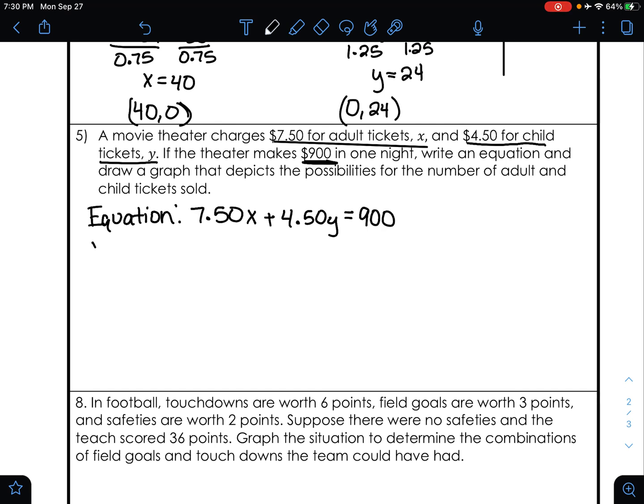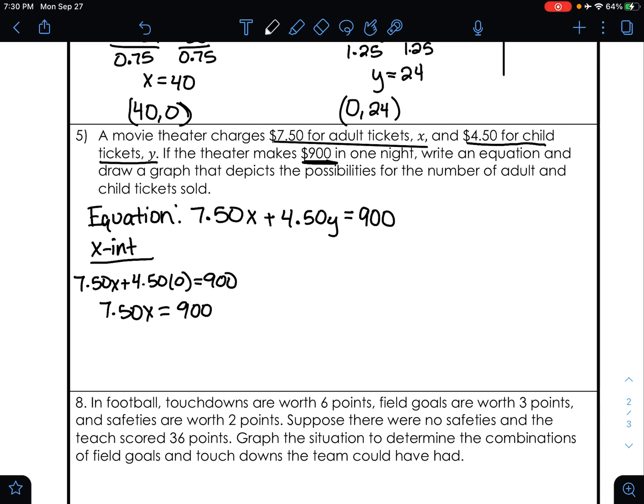So what this looks like if we're trying to find our x-intercept would be 750x plus 450 times 0 equals 900. So when we do that, we get 750x equals 900.